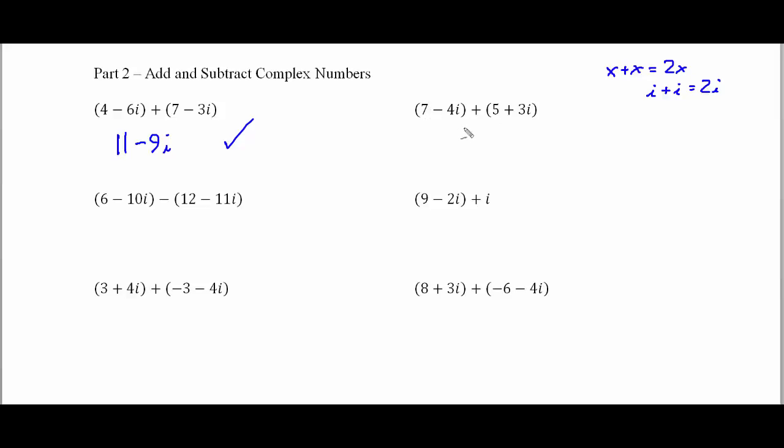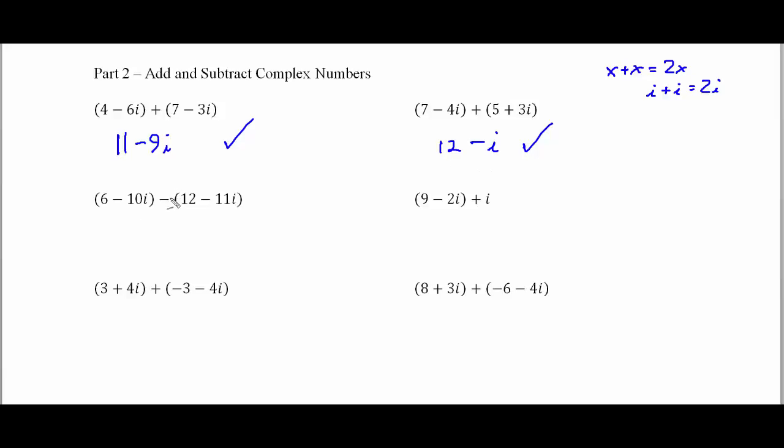Over here, 7 plus 5 is 12, and negative 4i plus 3i is negative 1i, or just negative i. Don't put a 1 in front of the i. We don't put 1s in front of x's as our final answer. You may have had a professor or teacher do that to you to show you where it is, but truly simplified mathematical answers should not have a 1 in front of the x, or in this case, the i.